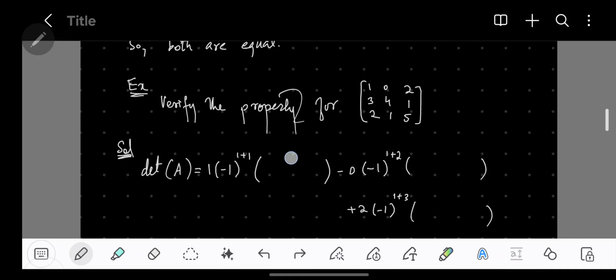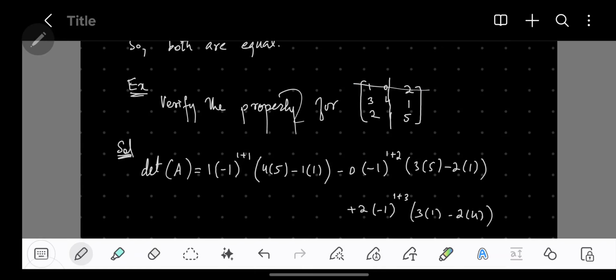Now, in these vacant places, I will put the determinant of the submatrix. For example, for this one, I will cross out this column and this row. I will end up with this matrix. So the determinant of this submatrix is 5 times 4 minus 1 times 1. Similarly, for this 0, I will skip this row and column.